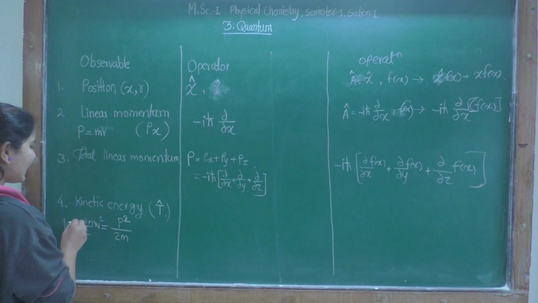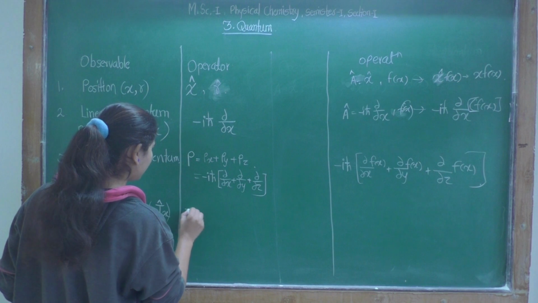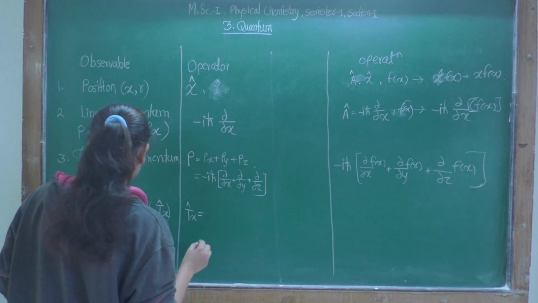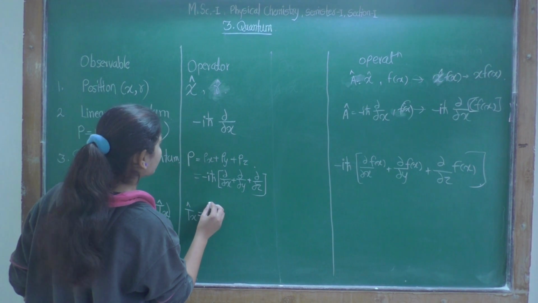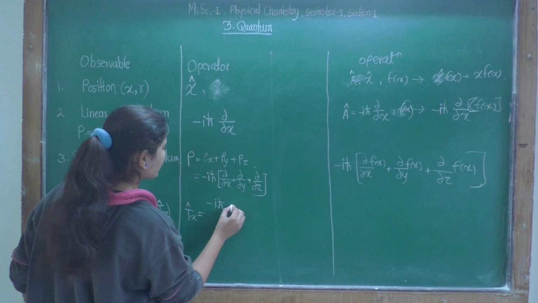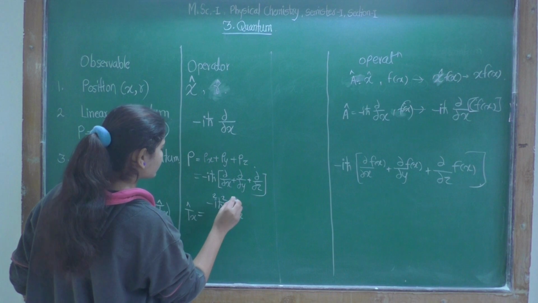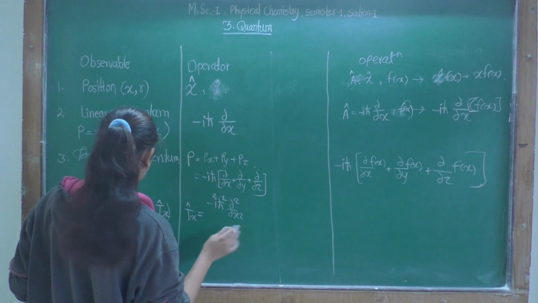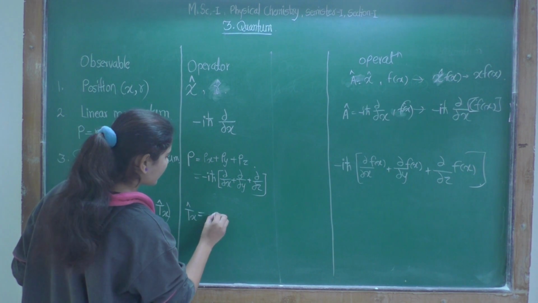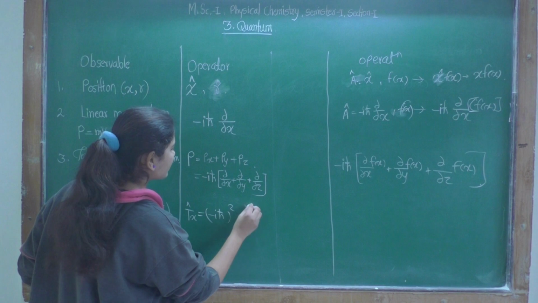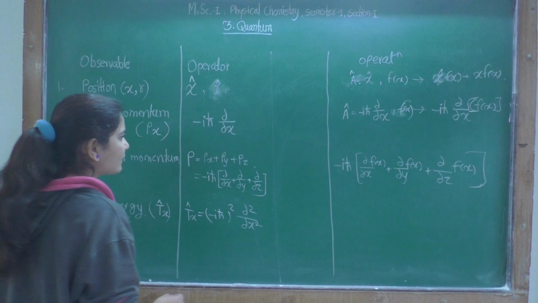Now for x, we can write Tx. The operator Tx can be written using Px square. What is Px? Minus i h cross del by del x, so Px square is minus i h cross, in brackets square, del square by del x square.